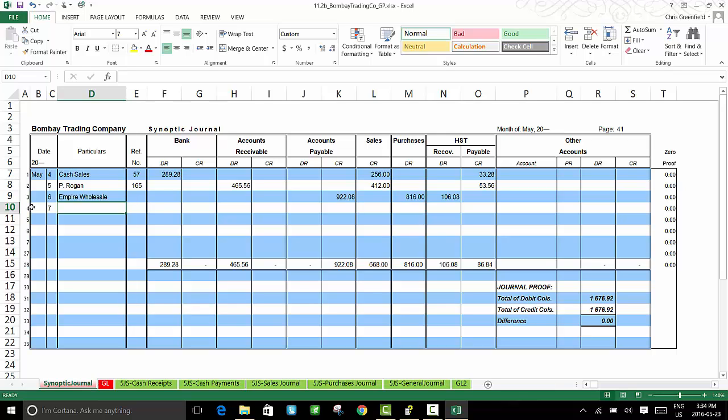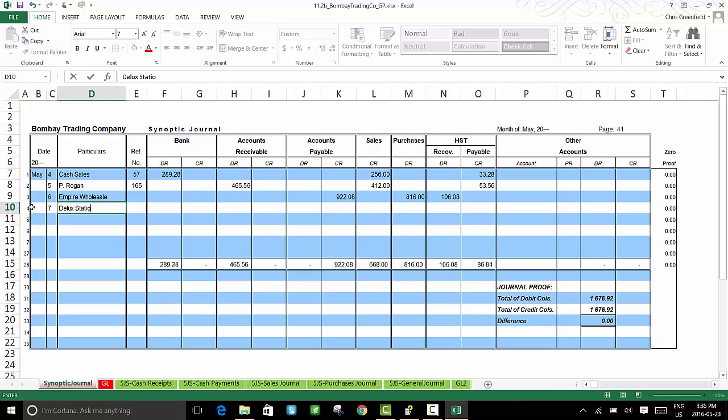What this is really saying is that we've received this invoice and we're paying it. So we're going to need a credit to our bank account. We have more supplies, so that will be a debit, and our HST recoverable has gone up, so it is also a debit.